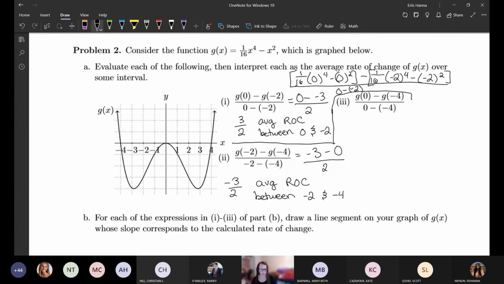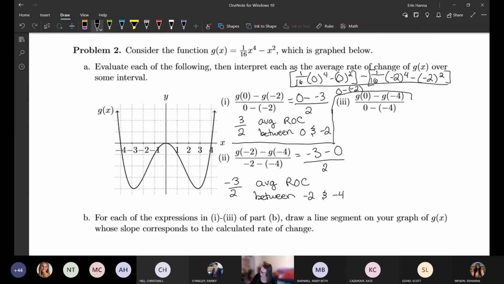It doesn't matter which number you put first when you're saying average rate of change. Just like with slope, it didn't matter which point you put first, as long as you were consistent. You could say average rate of change between -4 and -2, and it would still be perfectly right.